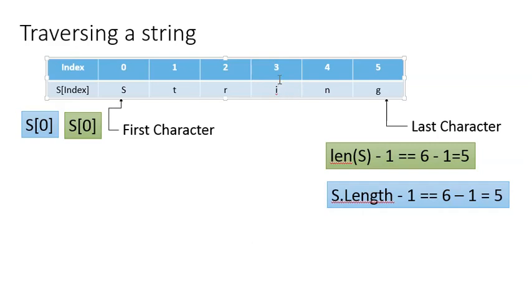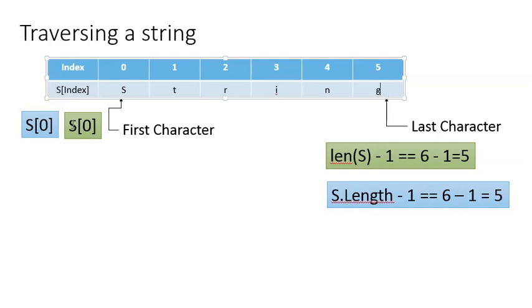The reason that it's indexed at 3 is because, remember, we started counting from 0. So character at index position 4, or the fifth character in the entire string, is an N, and character at position 5, or the last character, which is actually the sixth character in the string, is the G.